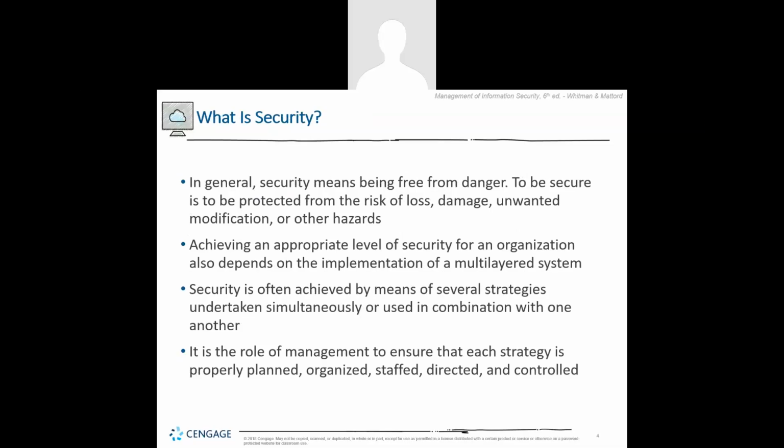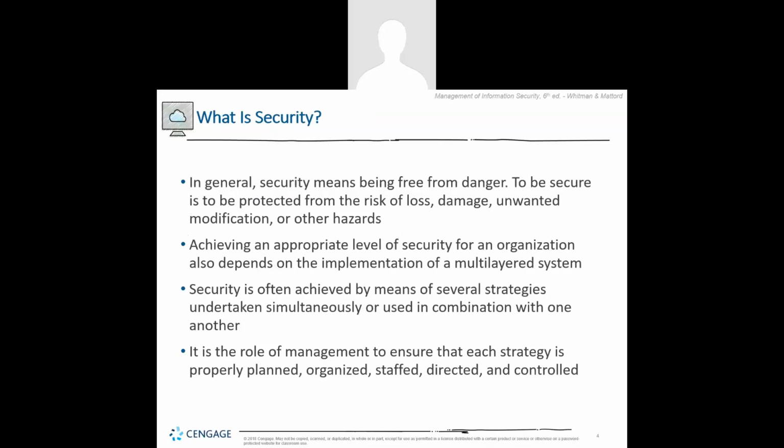Now, security means freedom from danger or risk. To be secure is to be protected from the risk of loss, damage, unwanted modifications, or other hazards. To secure an organization, you want to implement a multi-layered system. So you build your defense in depth.